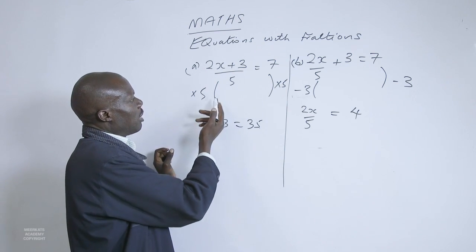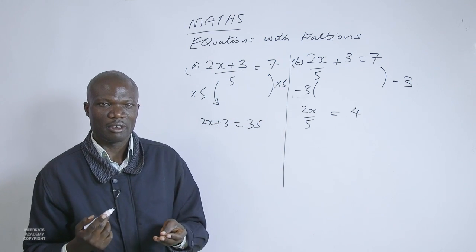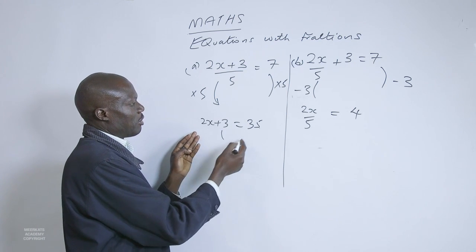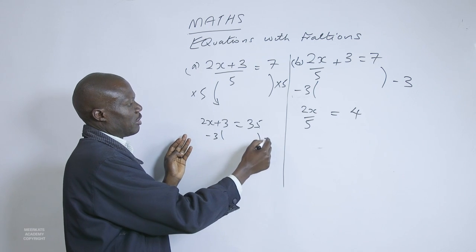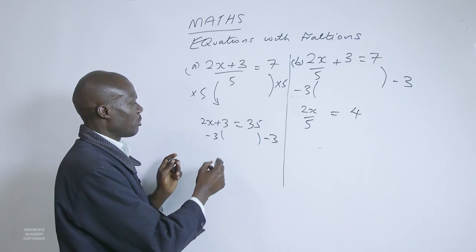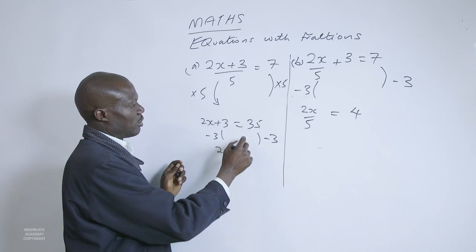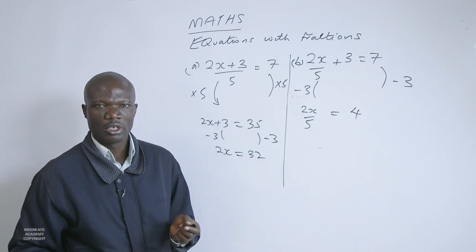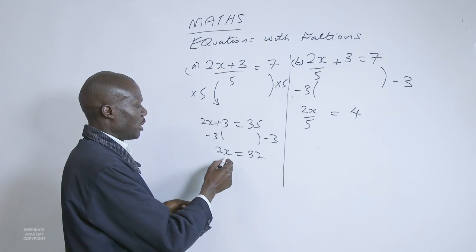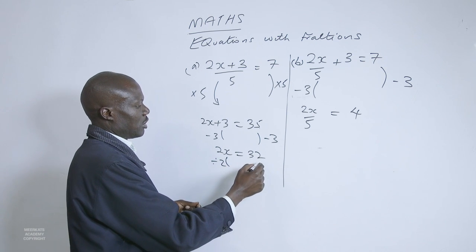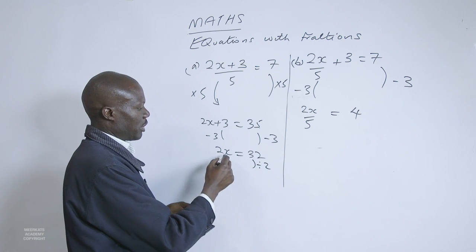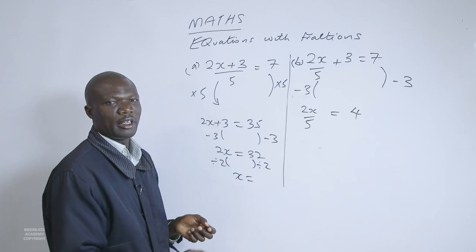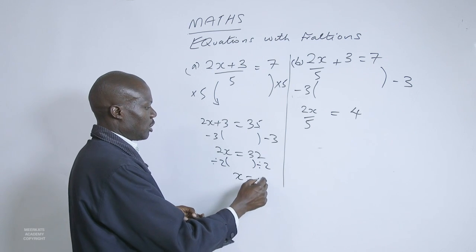For the first one, having eliminated the 5 by multiplying by 5, we can now subtract 3 on both sides, so that we remain with 2x is equal to 35 minus 3, which is 32. The next step is to divide by 2 on both sides. You'll find that 2x divided by 2 is x, and 32 divided by 2 is 16.